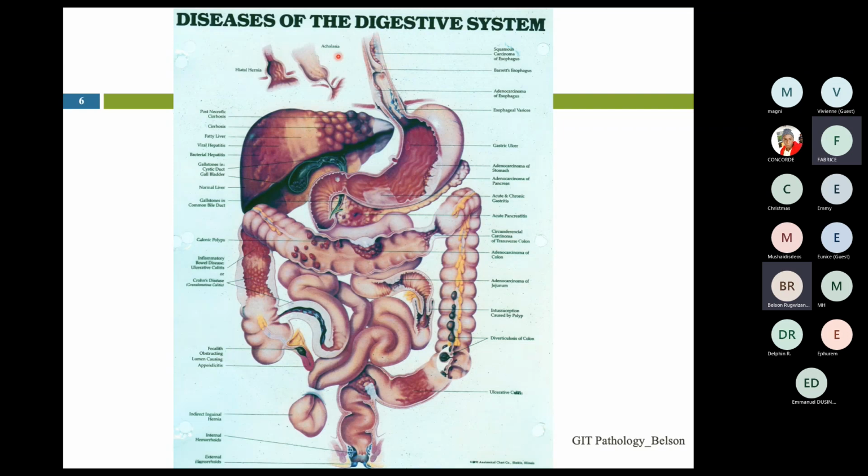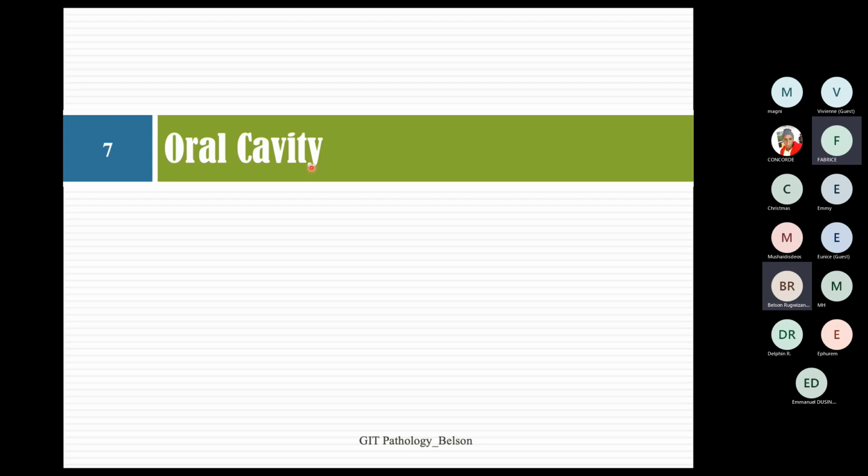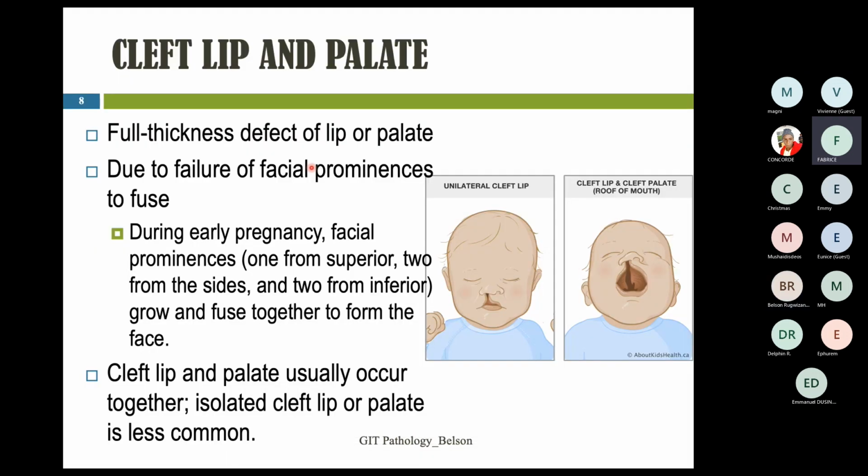For example, in the esophagus, we have achalasia, we have hernia, squamous carcinoma in the upper esophagus, and in the lower esophagus we have Barrett's esophagus and adenocarcinoma, esophageal varices, and so on. In the stomach, we have gastric ulcer, gastritis, cancers, a long list. So we start with the oral cavity.